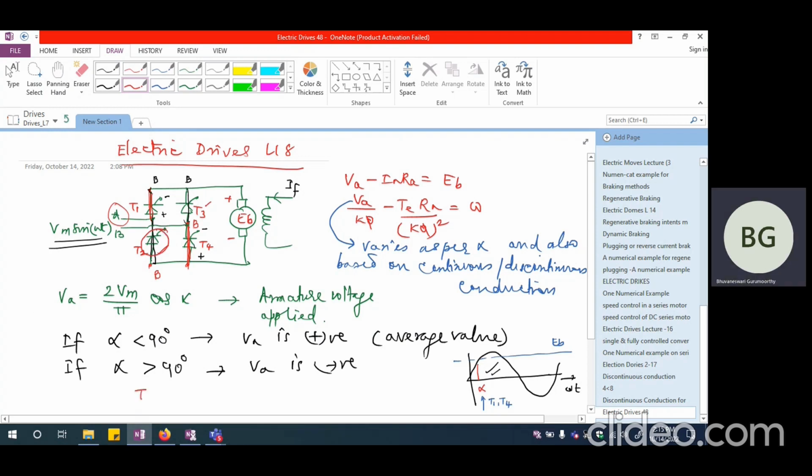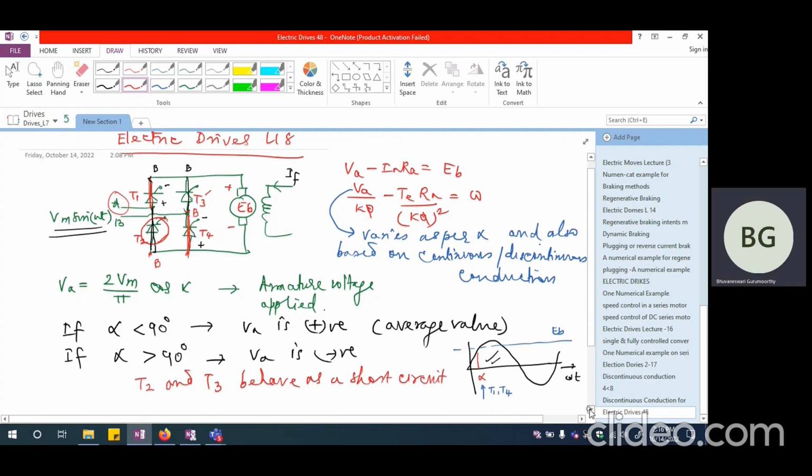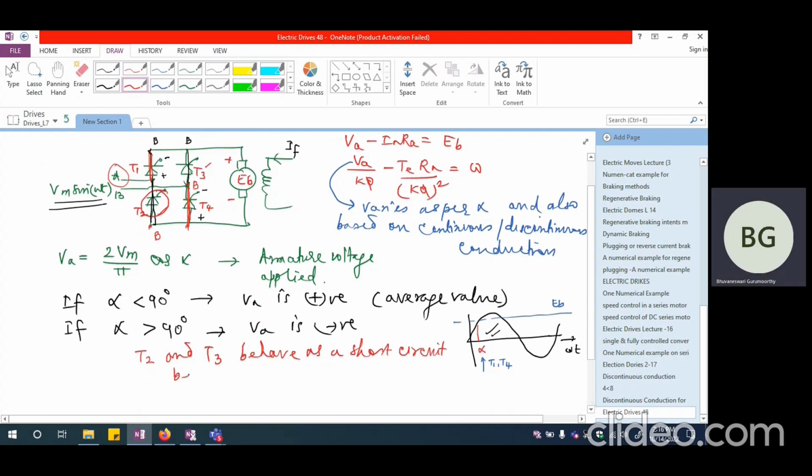So T2 and T3 behave as a short circuit before firing T1 and T4 at omega t equal to alpha. Okay.